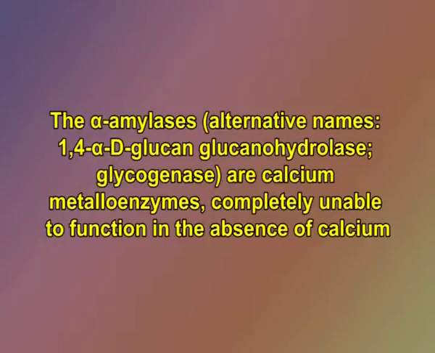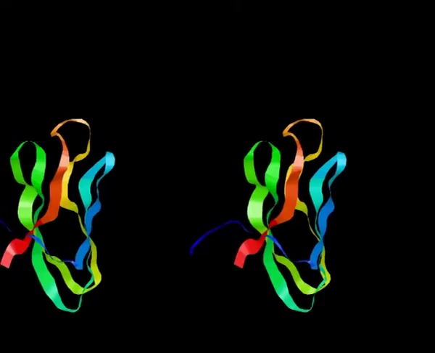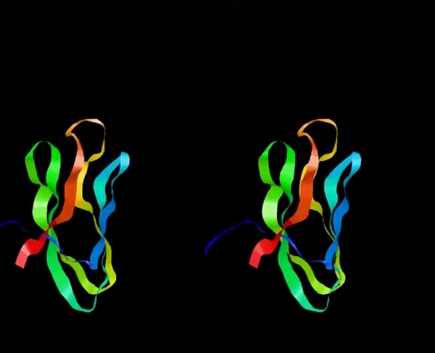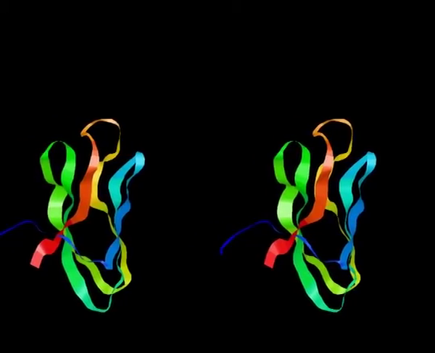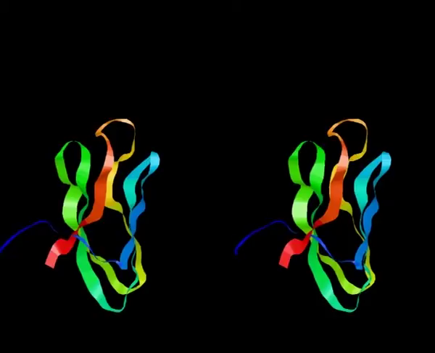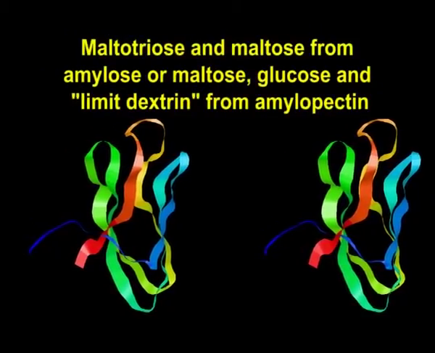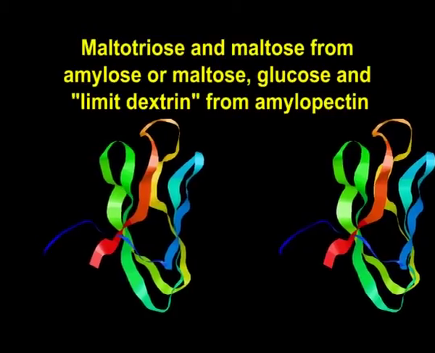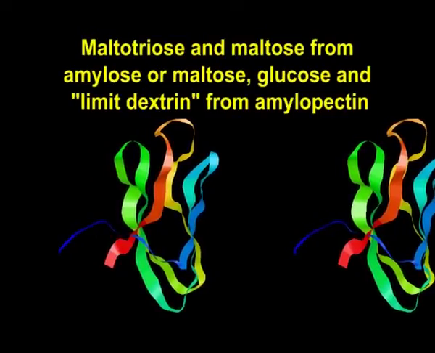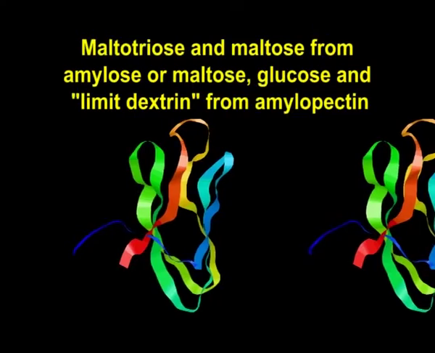The alpha amylases, its alternative names are 1,4-alpha-D-glucanohydrolase or glycogenase, are calcium metalloenzymes completely unable to function in the absence of calcium. By acting at random locations along the starch chain, alpha amylase breaks down long chain carbohydrates, ultimately yielding maltotriose and maltose from amylose, or maltose, glucose and limit dextrin from amylopectin.